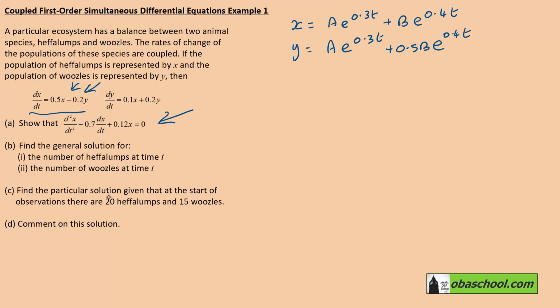We now want to find the particular solution given at the start of the observation there's 20 heffalumps and 15 woozles. So in other words, x is 20 when t is 0. So 20 is a plus b. And y is 15 when t is 0.